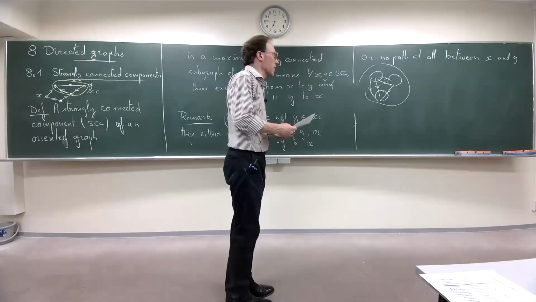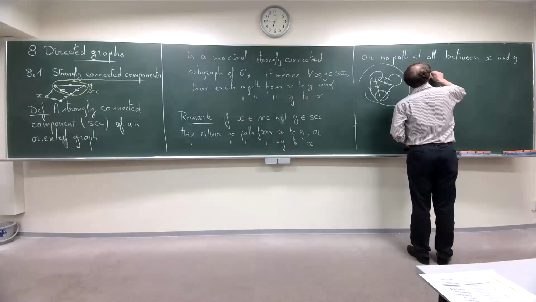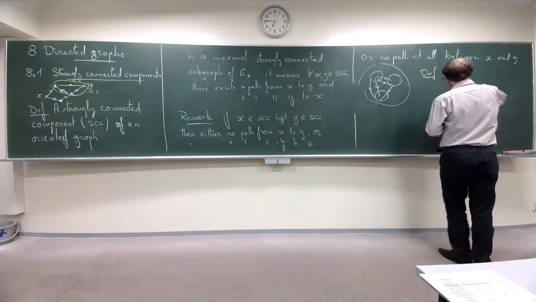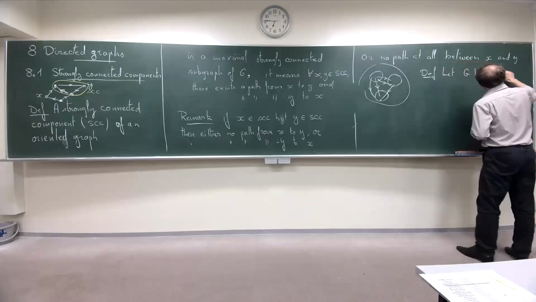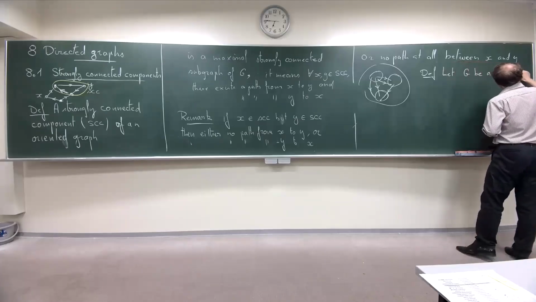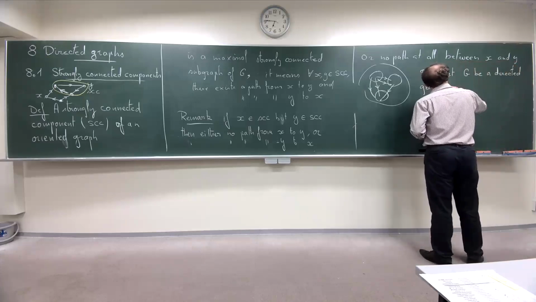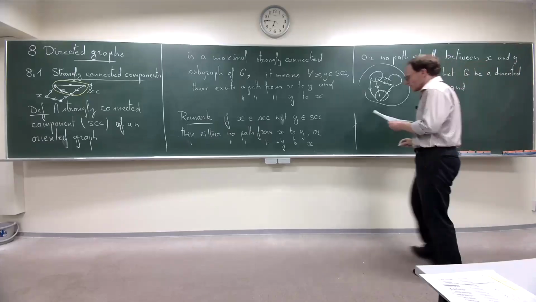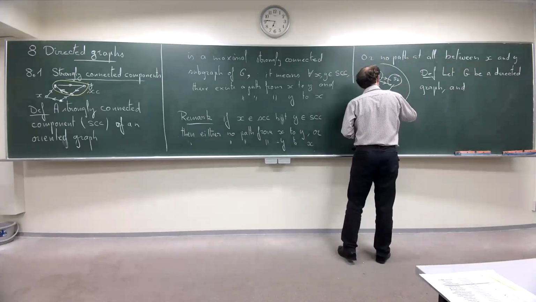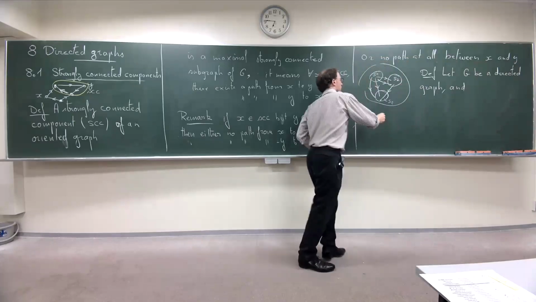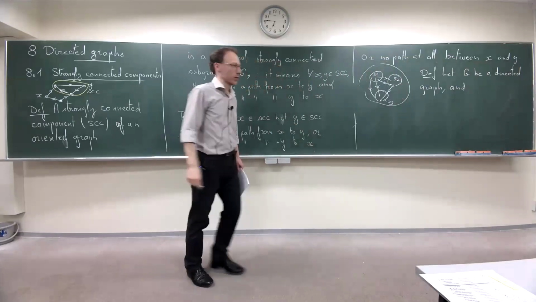So I'm going to give something about this. The definition. It's G, a directed graph. And I'm going to give a name. Let's say this is S1, S2, S3 for the strongly connected component.